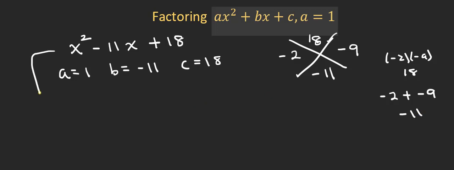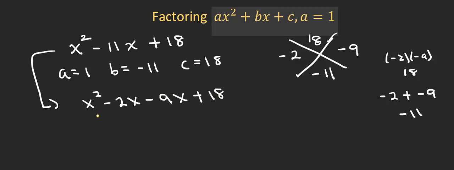So let's rewrite this expression again. We get x squared minus 2x minus 9x plus 18. So we have to do factoring by grouping.